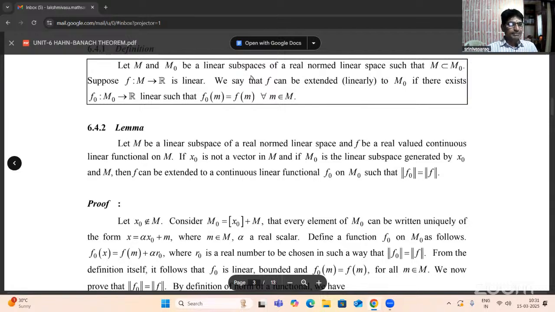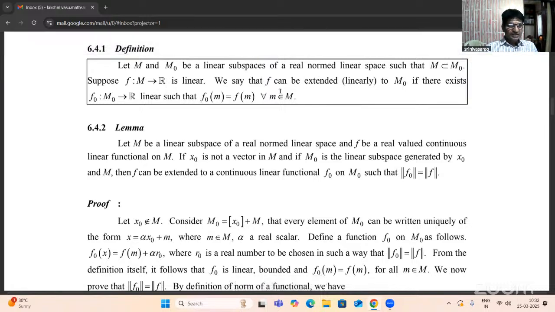Here M and M0 both are linear subspaces of a real normed linear space, and M0 contains M. Suppose now the map is F from M to R. Now here the mapping F maps M to R. This is a linear mapping, a linear functional on a linear subspace of a real normed linear space, and the image is in the system of real numbers.